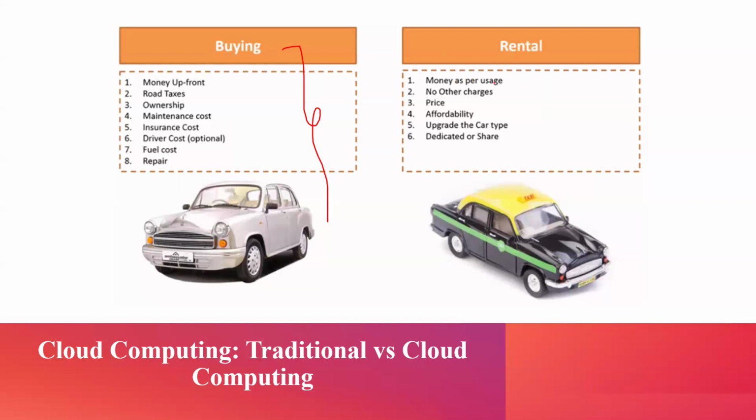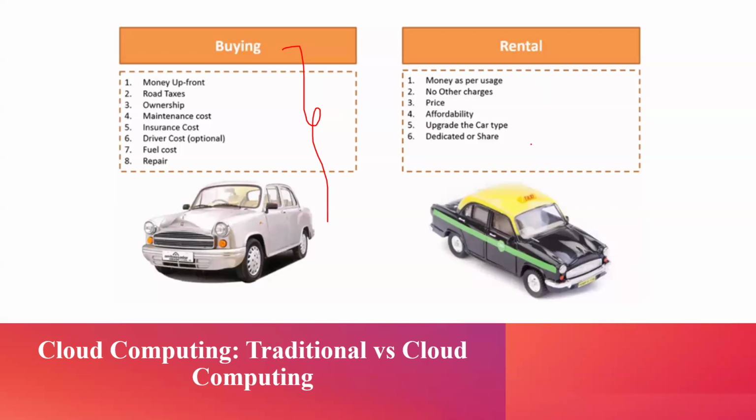Money as per usage: however many kilometers you want to go, you pay only for that. No additional charges. Are you going to pay road tax, maintenance cost, insurance cost, driver cost, fuel cost, or repair for Ola and Uber? No, sir, no other charges. The price is also affordable.